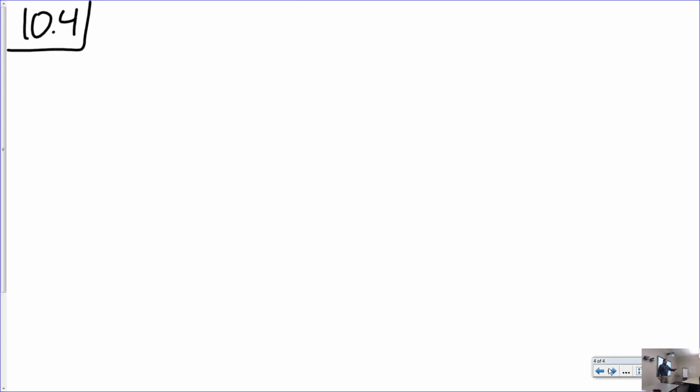So we've looked at small proportion size, we've looked at large proportion size. If you go back to chapter 8 and chapter 9, what did we do after large and small? Proportions.